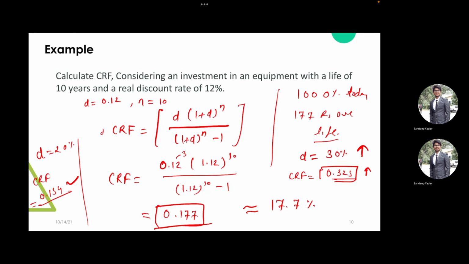That means we have to choose this option. If you have options of 12%, 20%, and 30%, we have to choose the 20% option, because it shows we have to pay annually only 134 rupees if we want to make an investment of 1000 rupees over a period of 10 years.